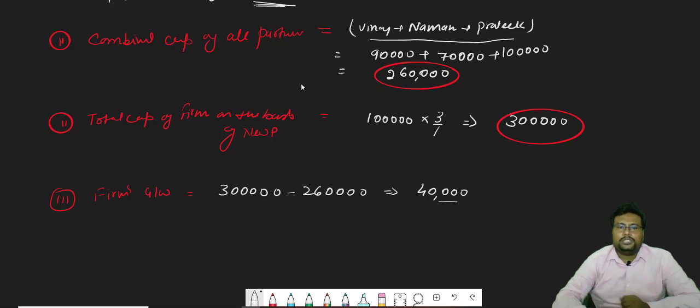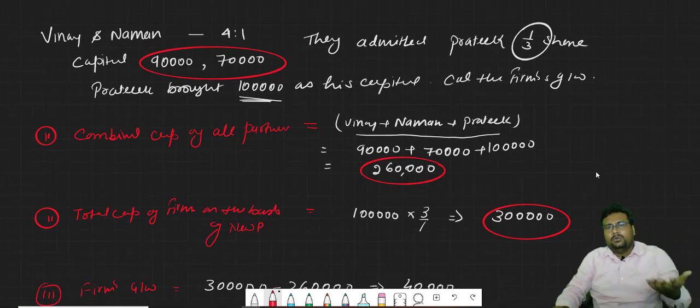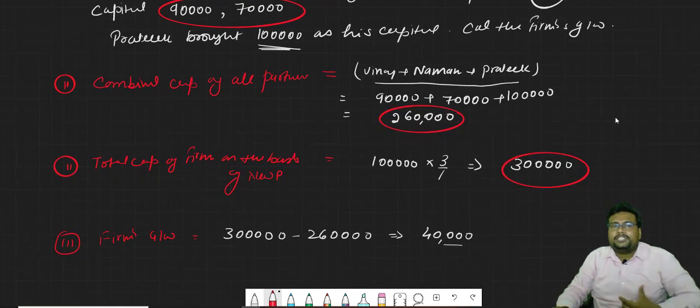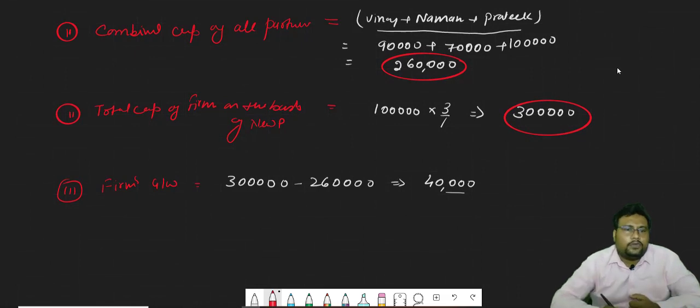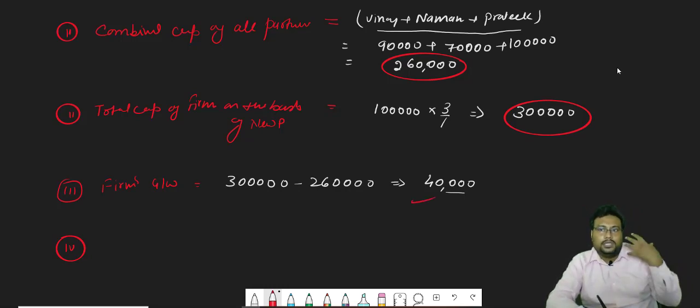Now your question is over, because the question only asks to calculate the firm's goodwill, but we will learn a little bit more, how to find out Pratik's share of goodwill. So we will go for the next step. This step is not necessary in this question, because the answer is here, the firm's goodwill is 40,000, but we find out the extra one.